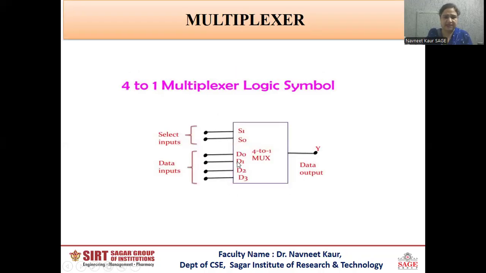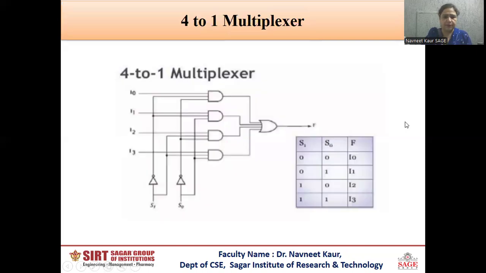Now here we can see a basic block diagram of the 4 to 1 multiplexer. Here 4 inputs D0, D1, D2, D3 are given. One data output line Y is connected and 2 selection lines S1 and S0 are there to decide which input will be connected to the output.